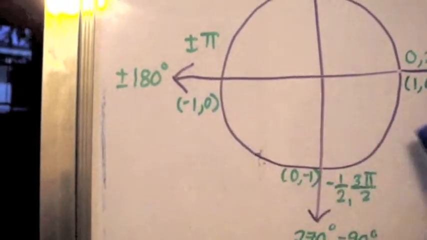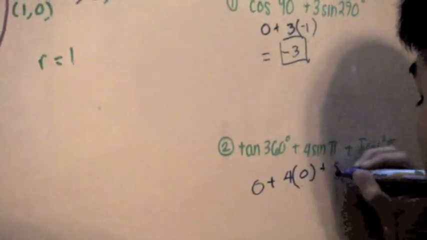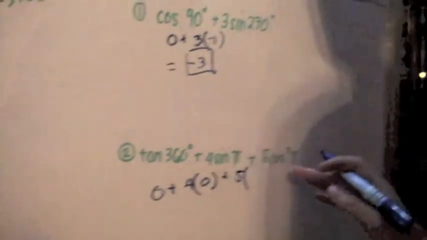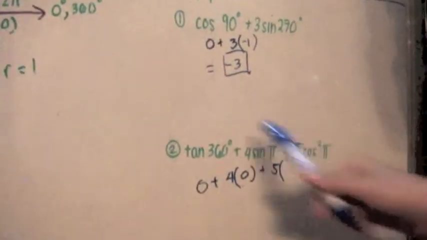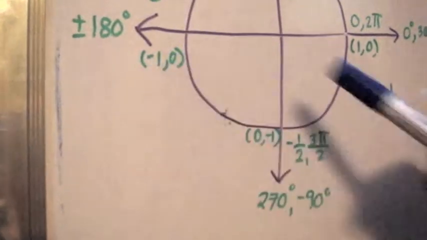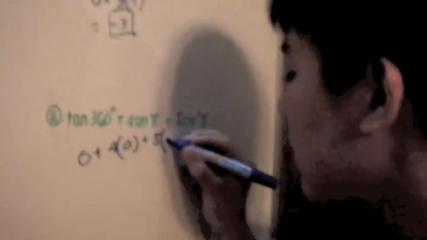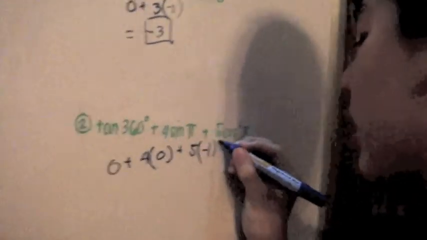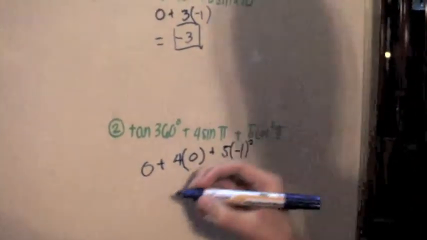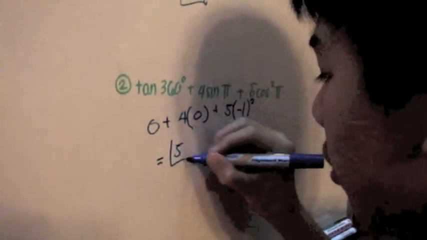So y over r is going to give us 0 again, parentheses, plus 5 parentheses. Cosine of pi, so cosine is x over r, negative 1 and 1. So that will give us negative 1 squared. So our final answer will be positive 5.